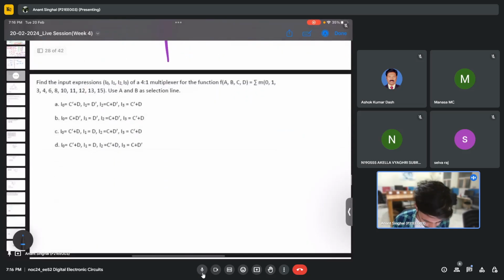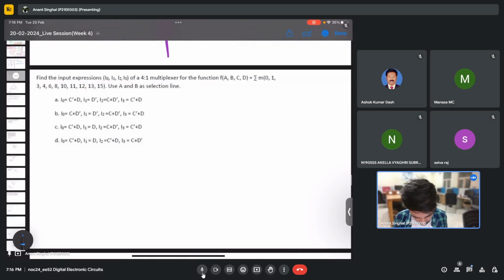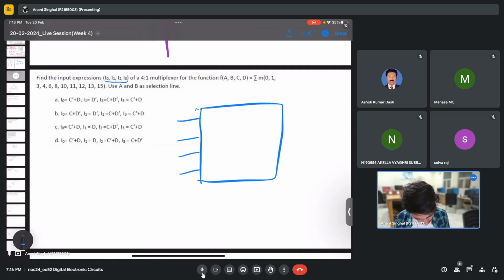Yeah, so this is a good question. What you need to do here is compute. We have a 4 cross 1 mux first of all, in which I have I0, I1, I2, I3. We have a 4 variable function, and we only have a 4 cross 1 mux. That means 2 select lines, right?